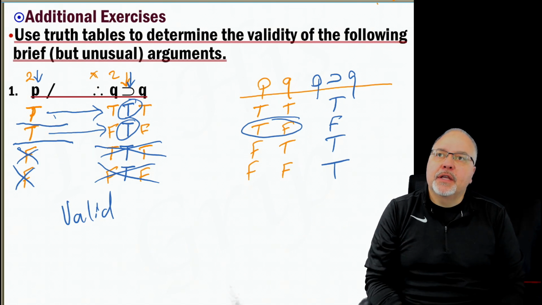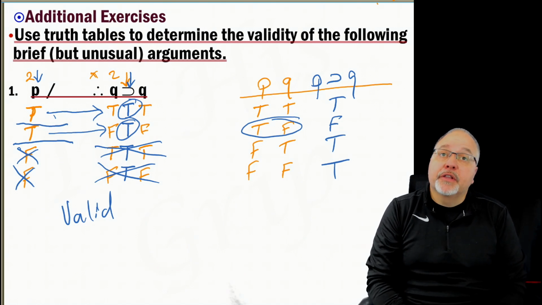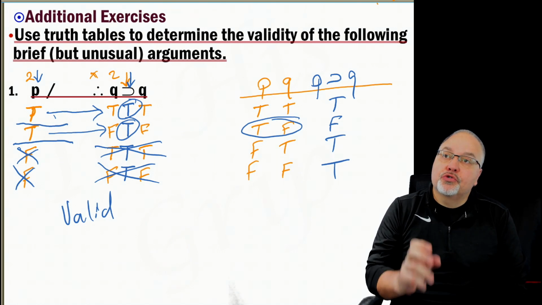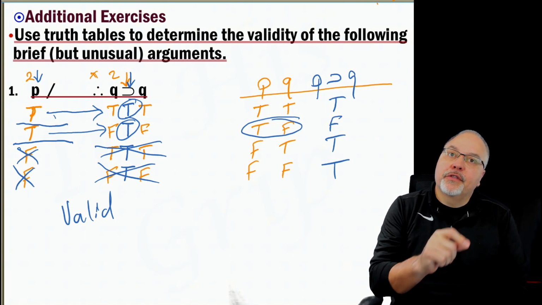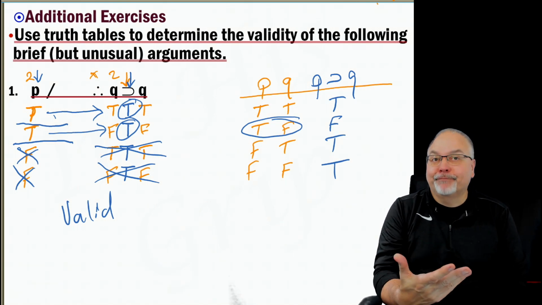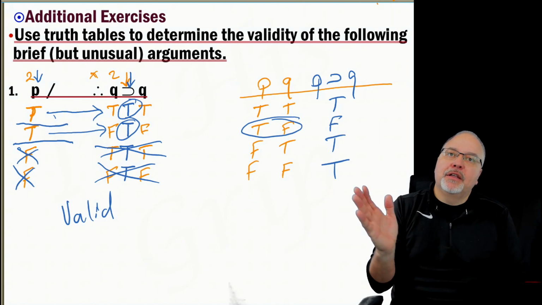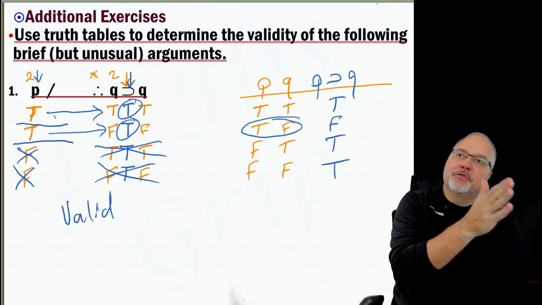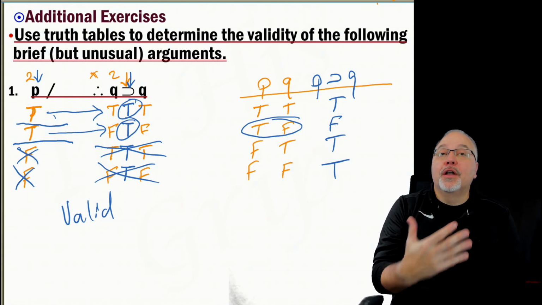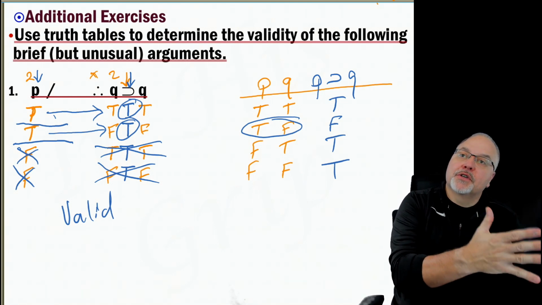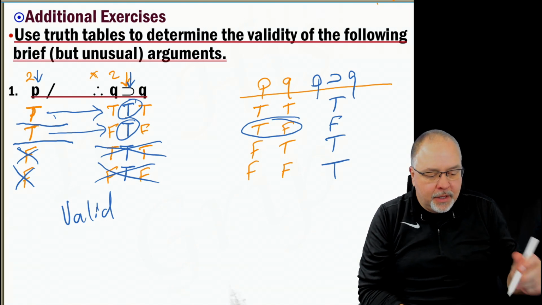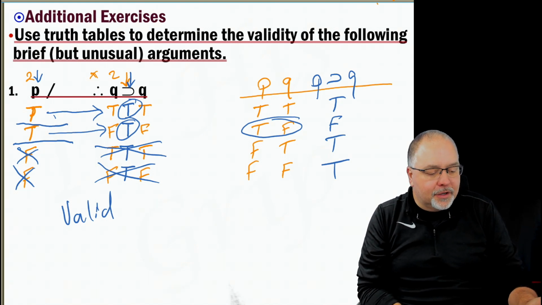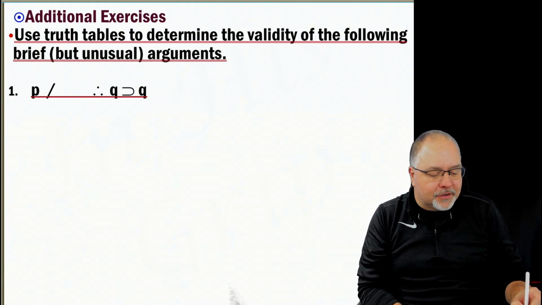The other way to think of it is that in none of the lines where the premises are true is the conclusion false. Either way, you can think of it as all true premises lead to a true conclusion, or none of the true premises result in a false conclusion, right? With practice, this will make more sense.